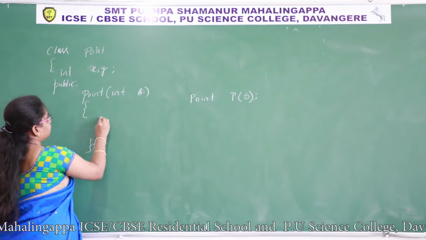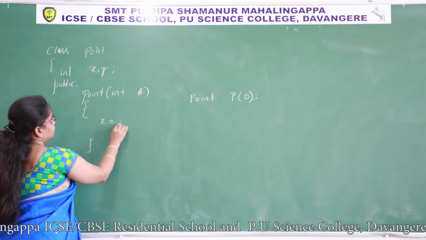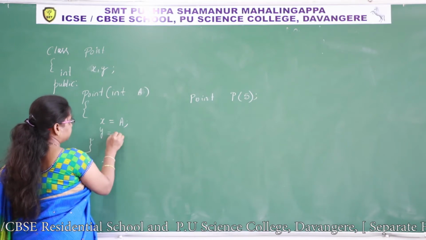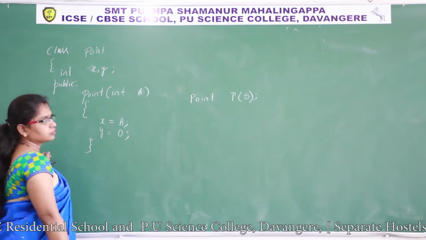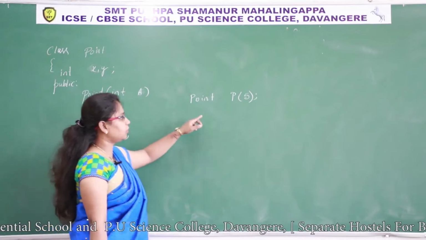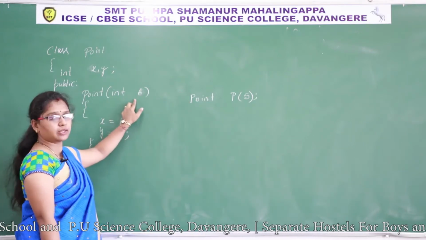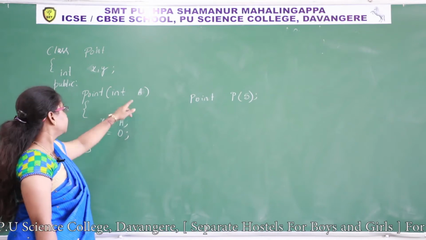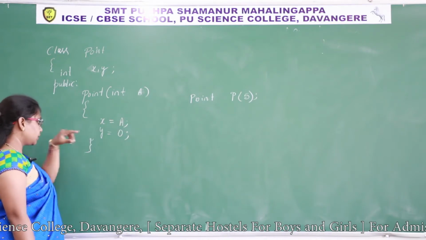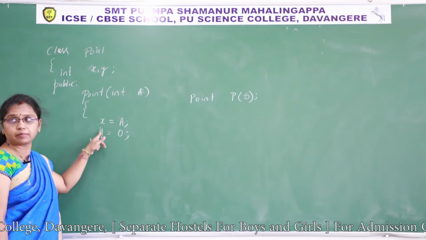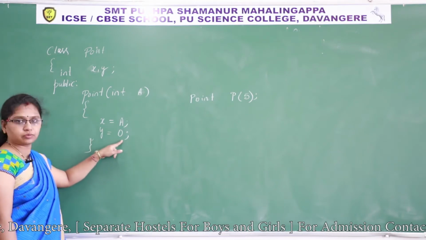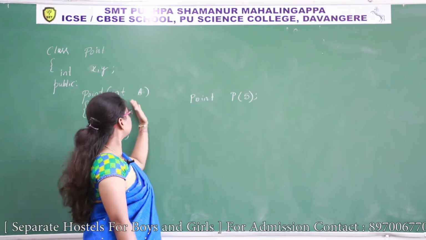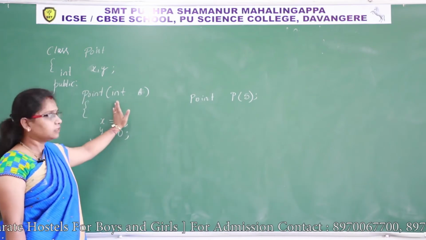Now x is equal to a, and y is equal to 0. I am passing one argument, received by one formal argument. That argument is copied to x, and the other variable I initialized with the value 0. So there is no ambiguity here.